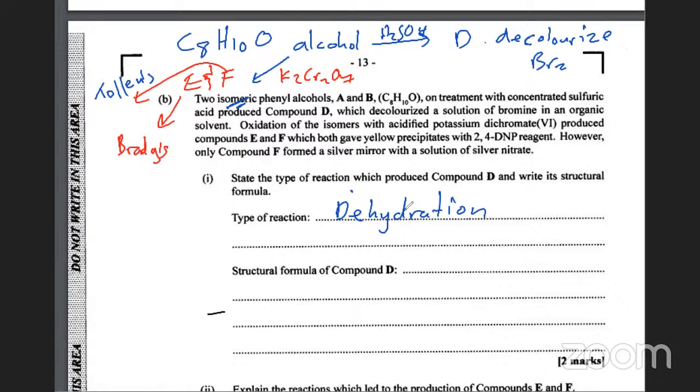All right, before we draw D, we need to draw the alcohol. They say it's a phenyl alcohol. The formula C8 means it has 8 carbons.